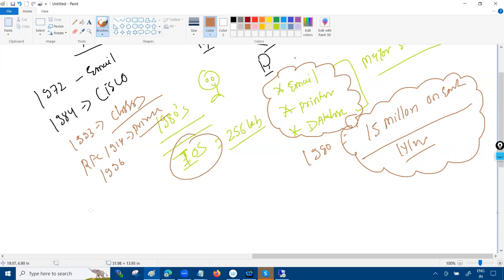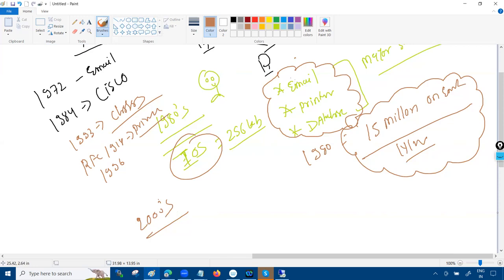Then in 2001, the RSTP protocol comes in the picture to make faster convergence on the layer 2 network. Around 2000 something, if you guys have used Orkut, social media comes in the picture, right? Amazon. So near around the 2000s, many users were on the internet.